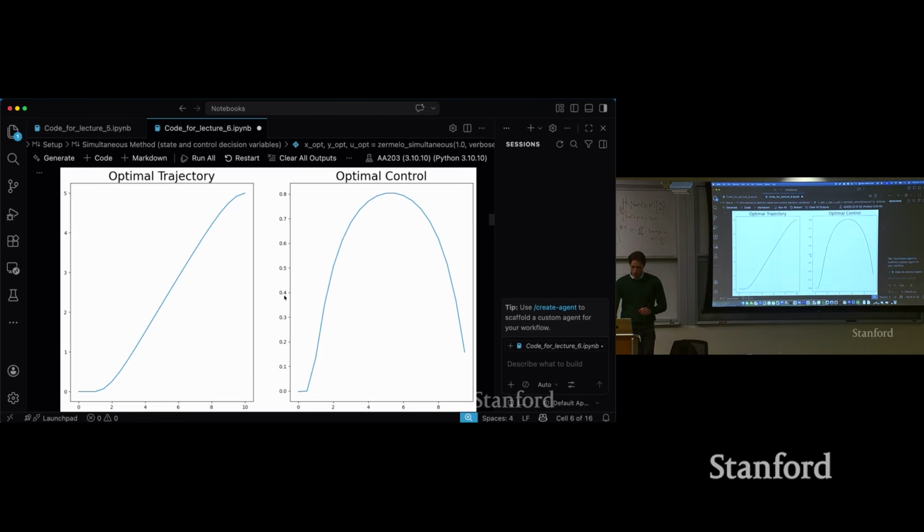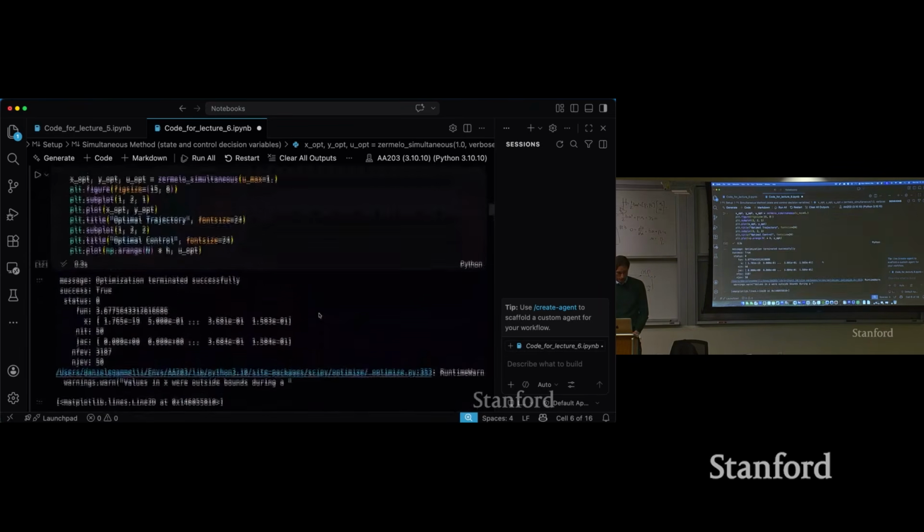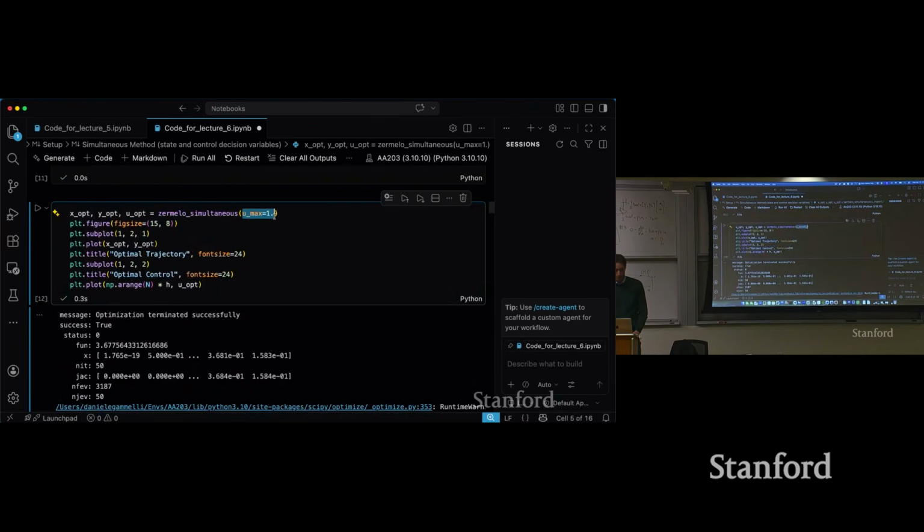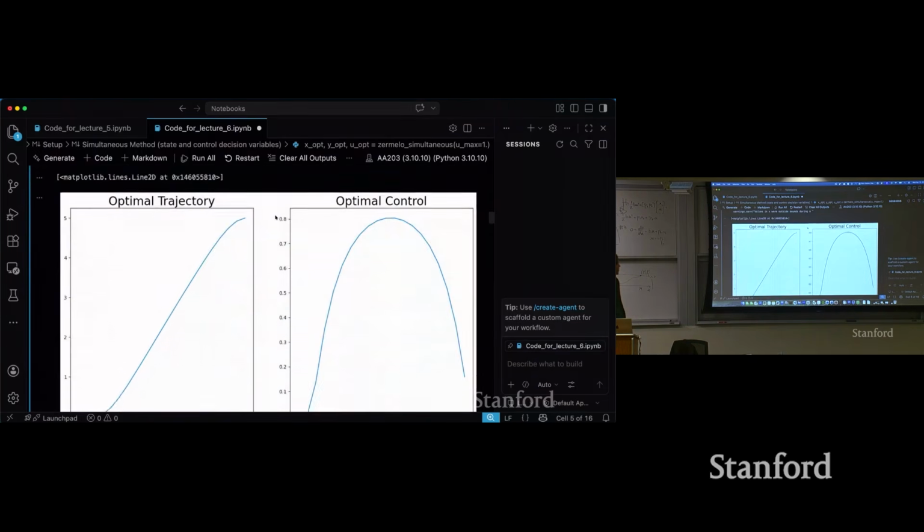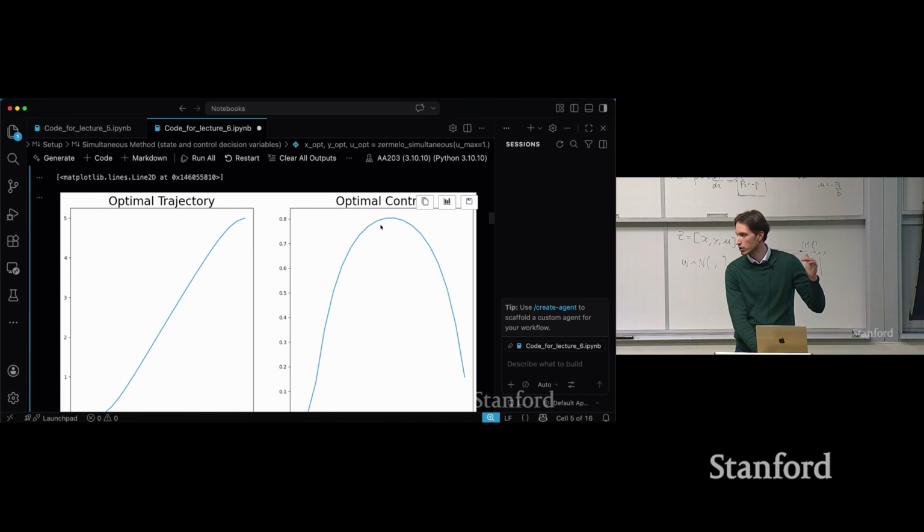Now note that in this case, we were essentially assuming that our Umax, so our bounds of our controls, was equal to 1. And if you look a little bit more closely at our control profile, we never really reached the boundary, right? So this bound on our control is basically non-enforcing or non-restrictive.